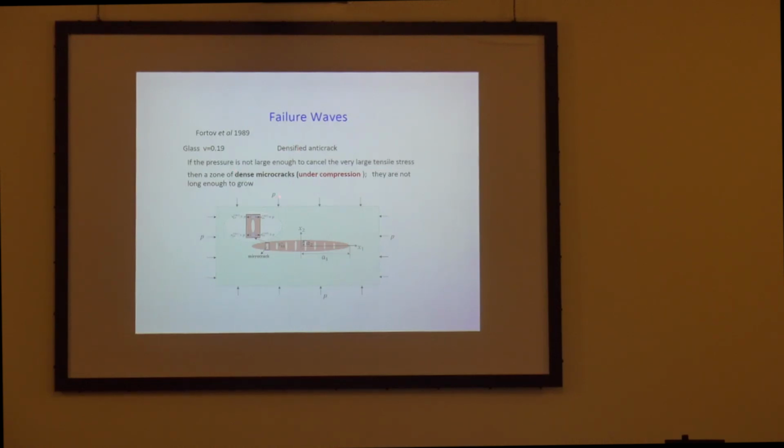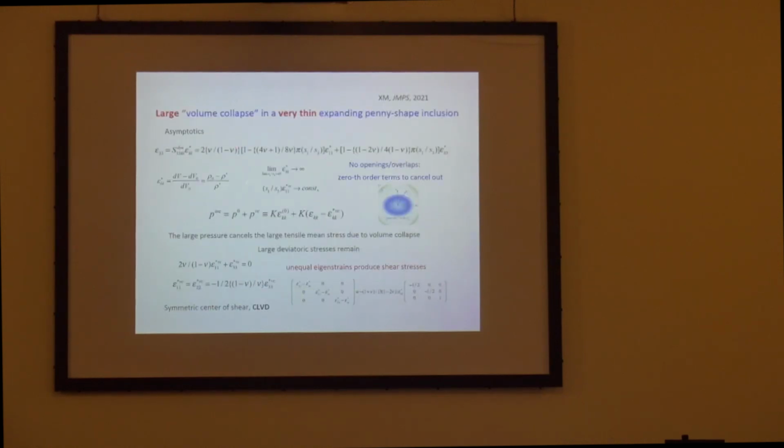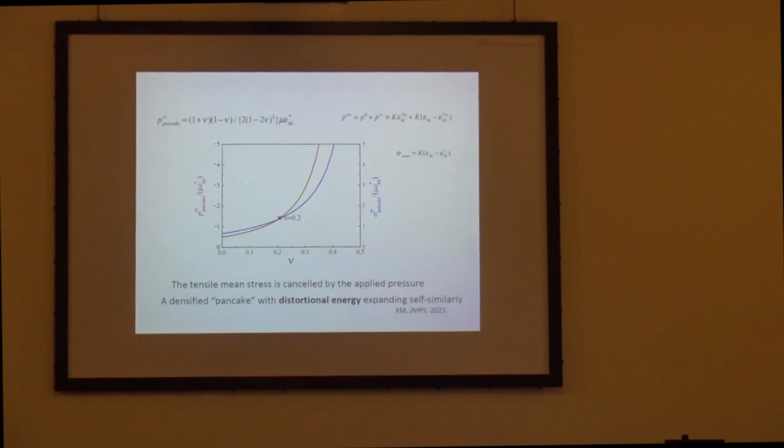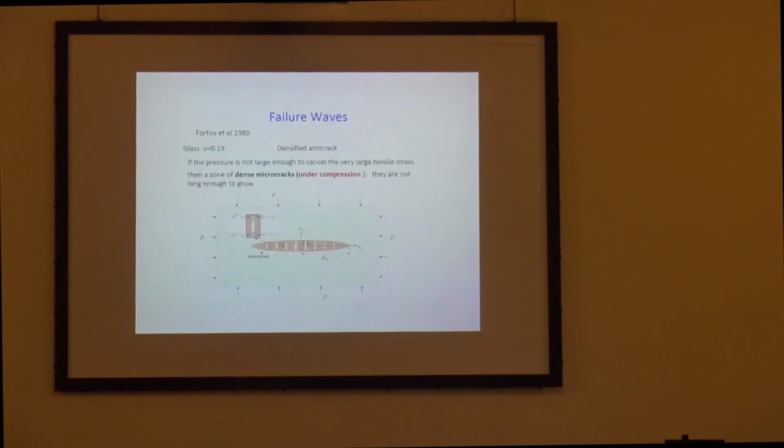Glass has Poisson's ratio 0.19, which is just below the threshold, so we have tension that is left, and so in the glass you will have micro cracks opening in tension, and that can explain the phenomenon of the failure waves.